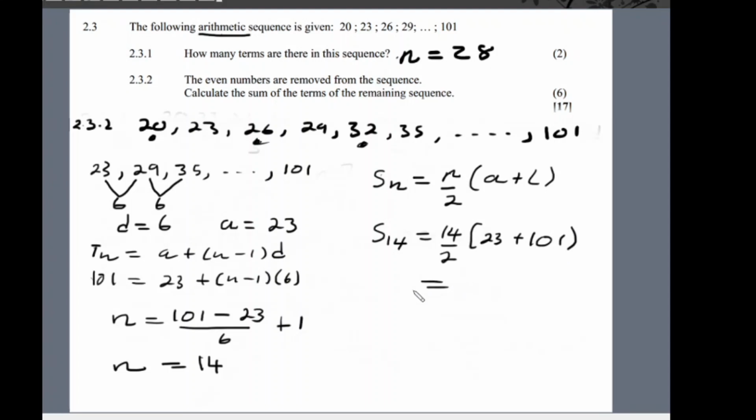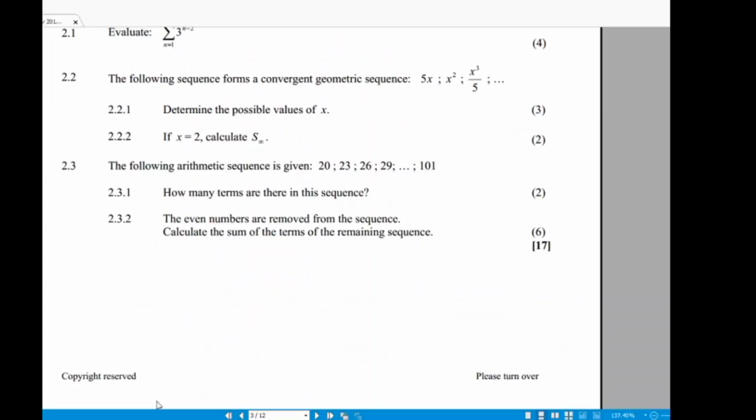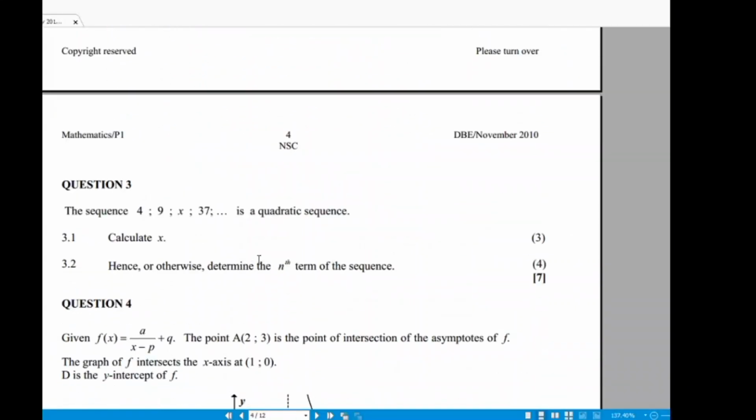If you punch this in your calculator, S14 is equal to 868. Right, so we are now done with question 2, and then we move to question 3.